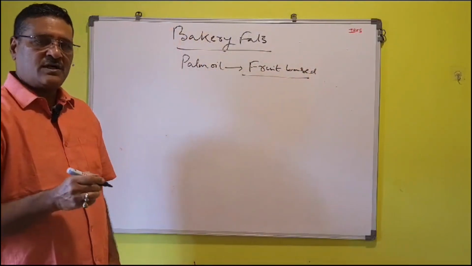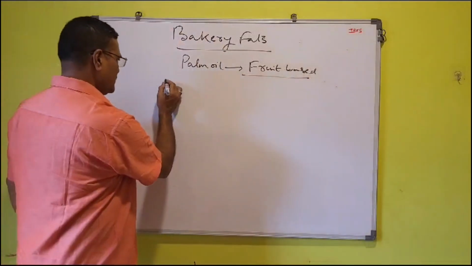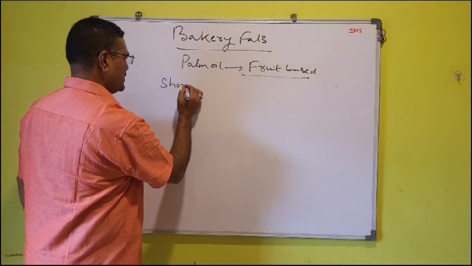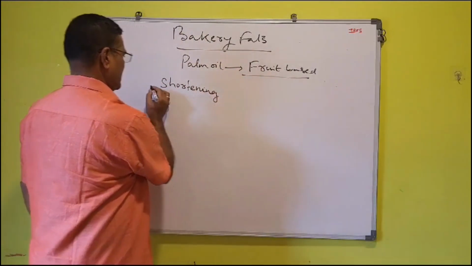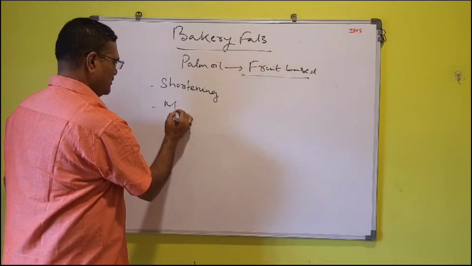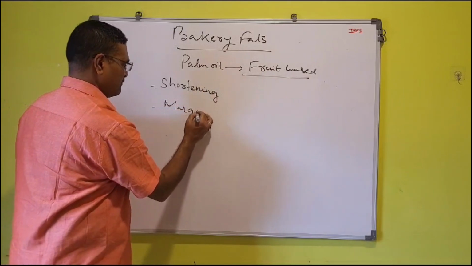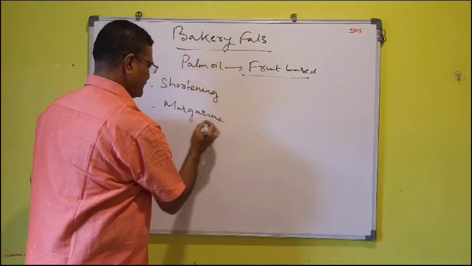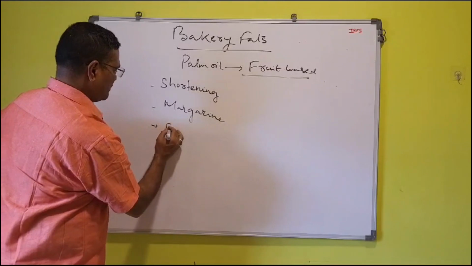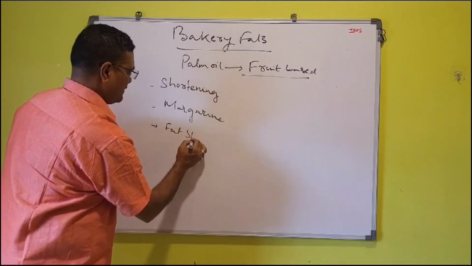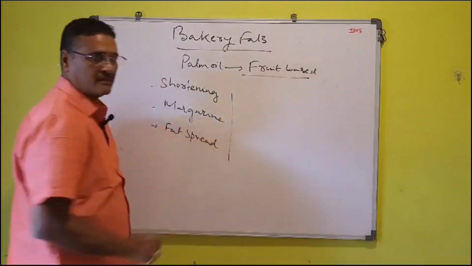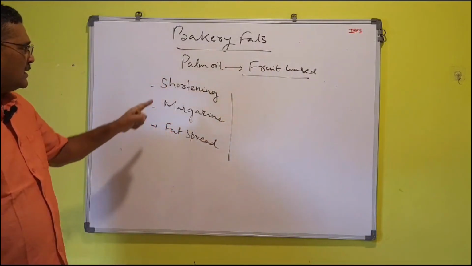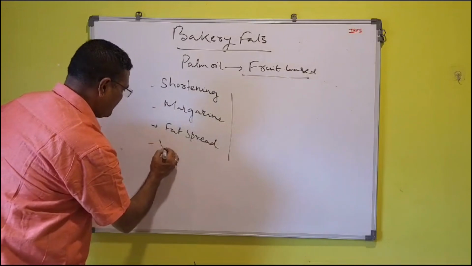Another word which comes up in the baking industry is shortening. Then you have a word called margarine. And then you have fat spread. Another one is called vanaspati.